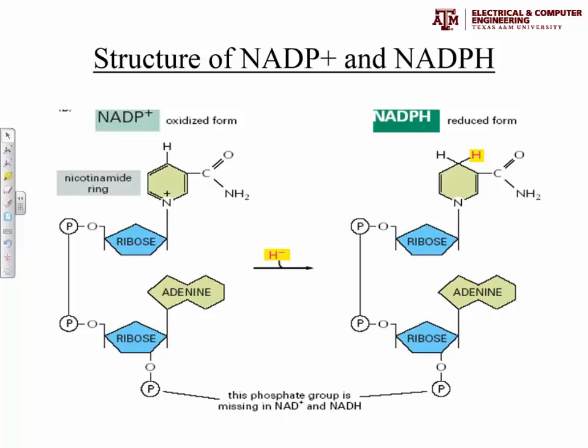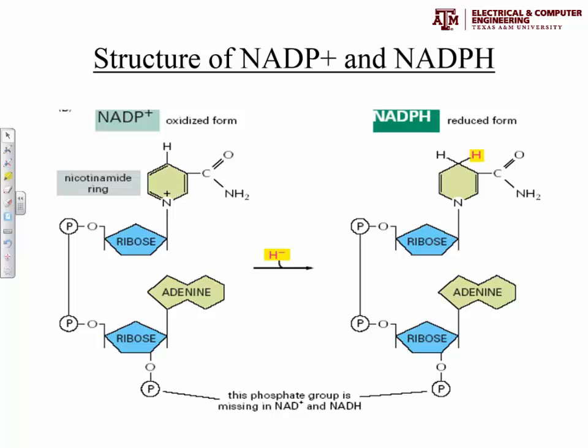The difference between the two is that the diagram on the left is the oxidized form. If you add a proton and two high energy electrons, which is basically one electron and a hydrogen atom, so that gives you H minus over here, then you get the molecule on the right, which is called NADPH.